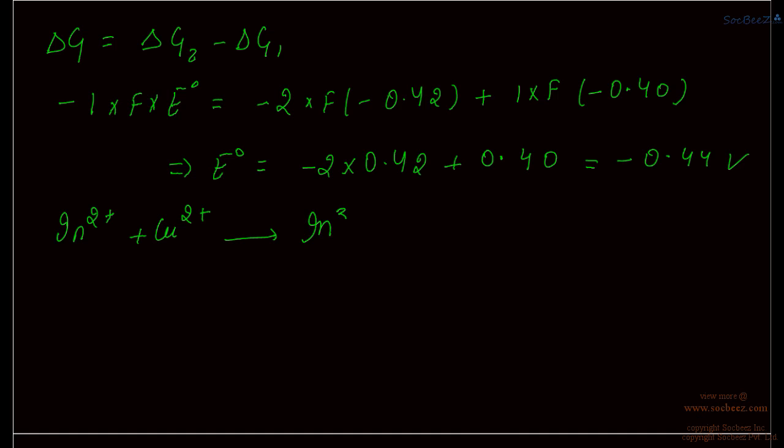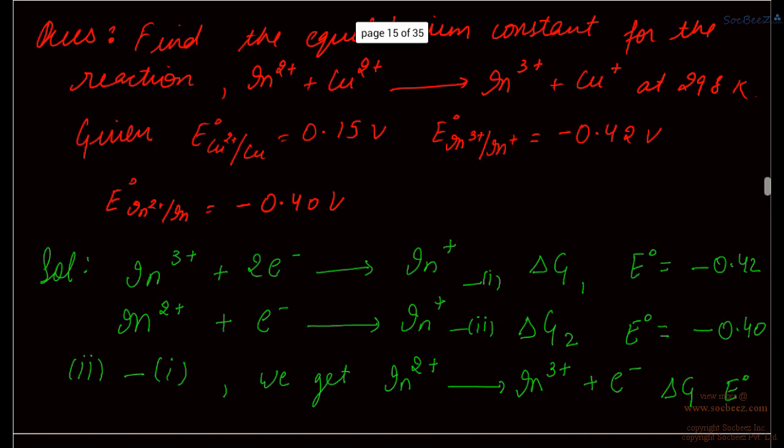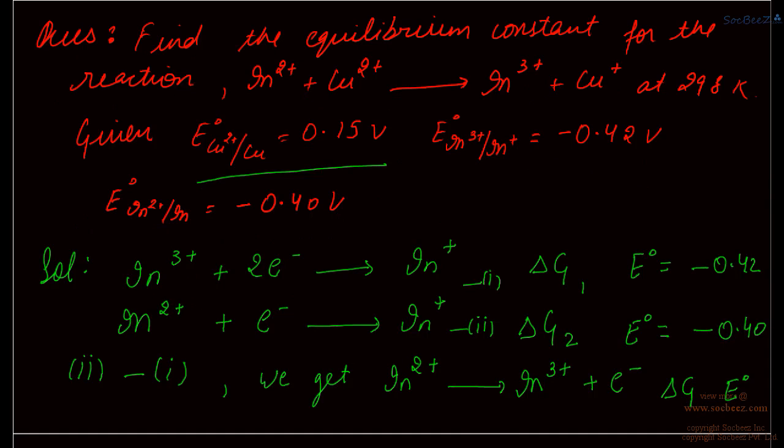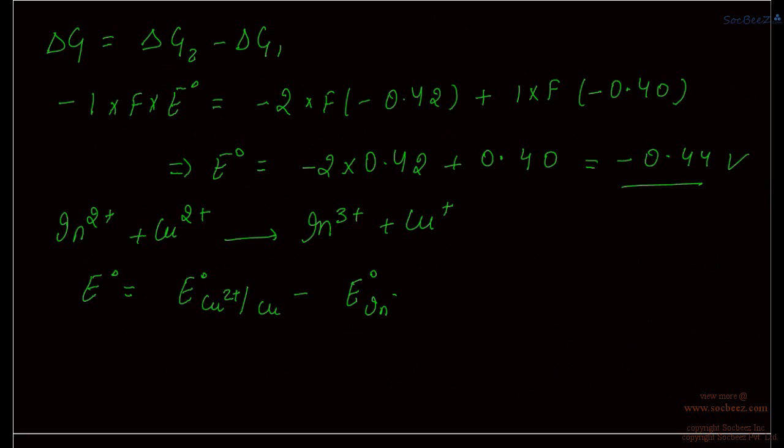Here, E naught equals E naught of Cu2+ by Cu+, which is given, minus the E naught we have calculated for the reaction In2+ to In3+.